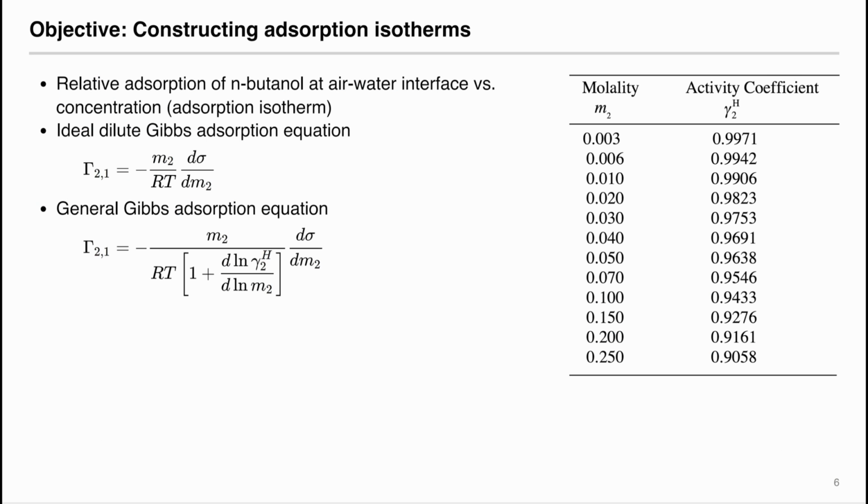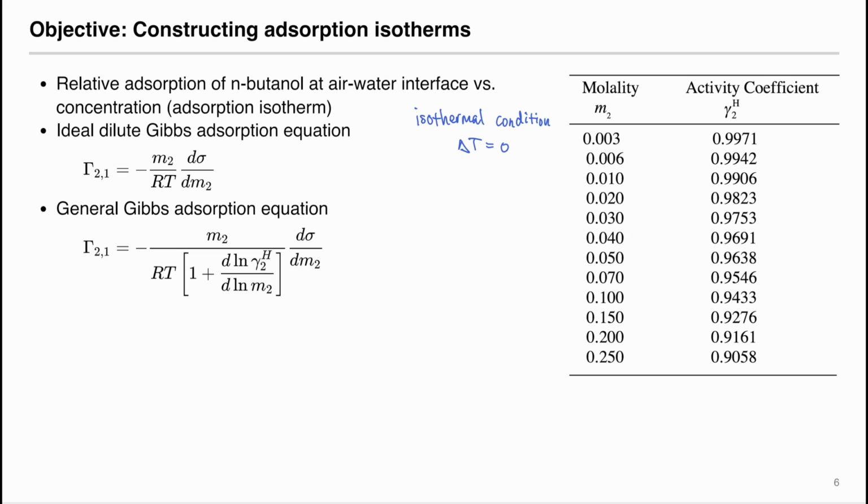The second part of the experiment wants you to construct an adsorption isotherm. And what is an adsorption isotherm? It is when the experiment is kept at isothermal conditions, where there is no temperature change, delta T equals 0.